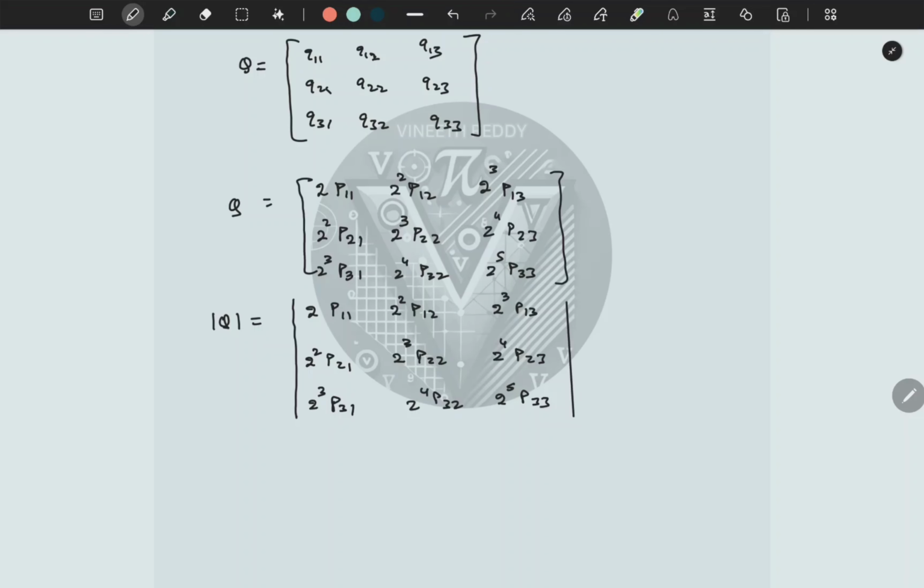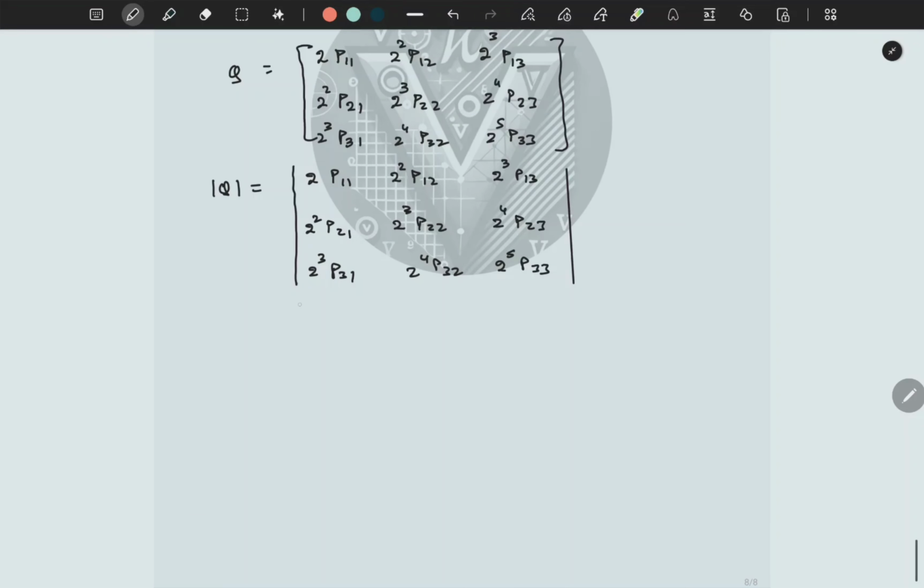From the first column we can take 2 common, from the second column we can take 2 square common, and from the third column we can take 2 cube common. So we get 2 into 2 square into 2 power 3. What remains is, from the first column I am taking 2 common, so I will get this one. Second column I am taking 2 square common, so what will remain is this part. Third column I'm taking 2 cube common.